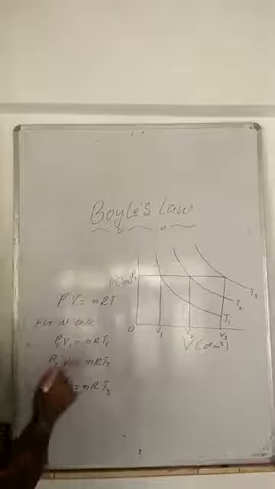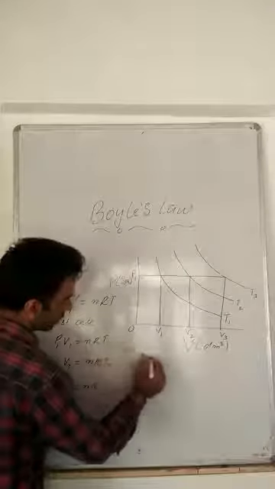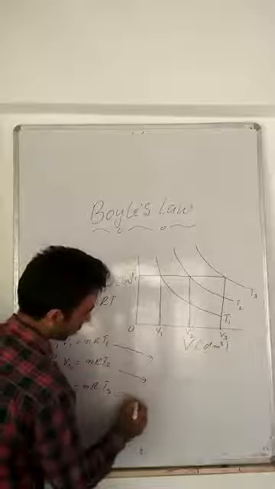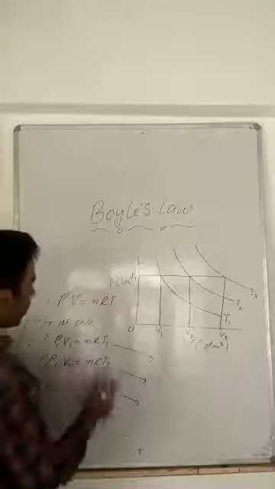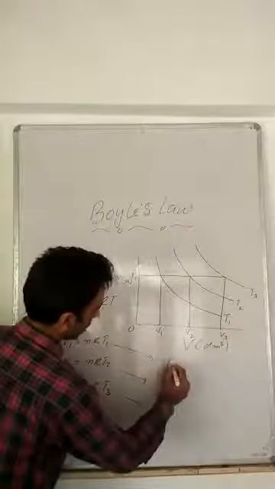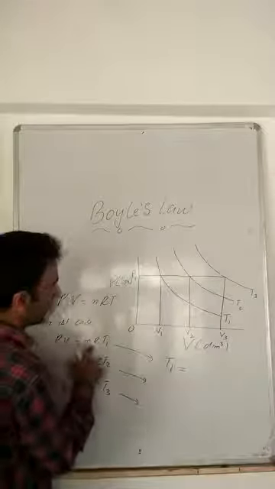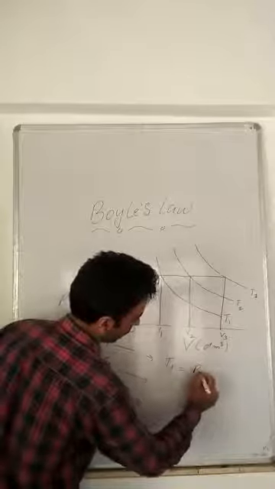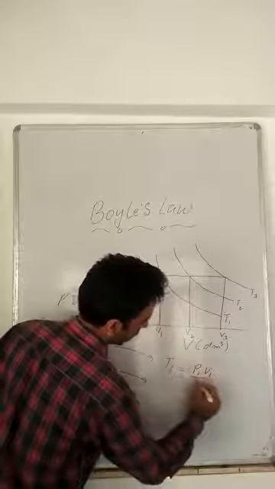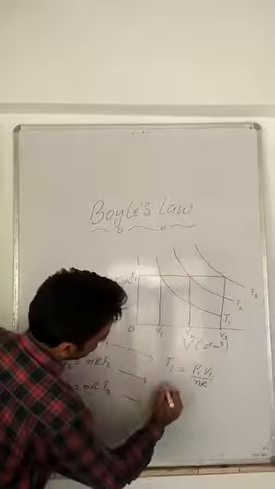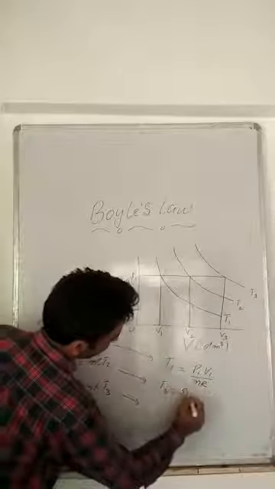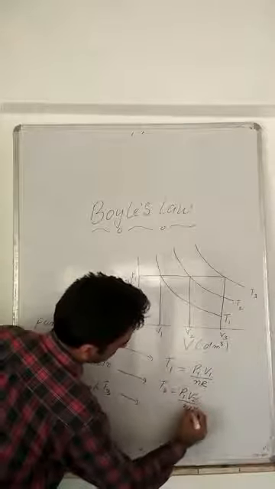Getting this? So if I rearrange all the three equations, can I write T1 is equivalent to P1 V1 divided by nR. Again T2 will be equivalent to P1 V2 divided by nR.